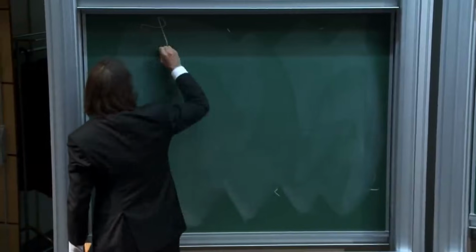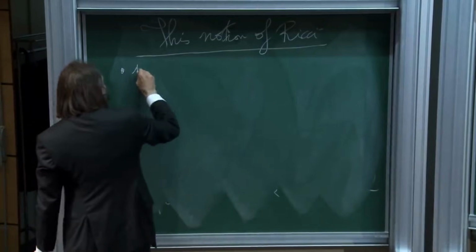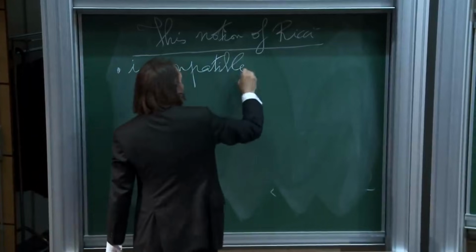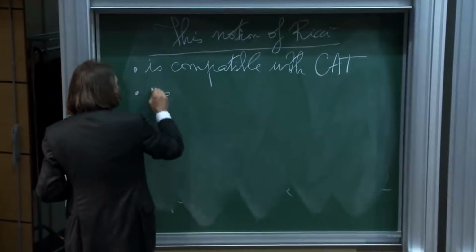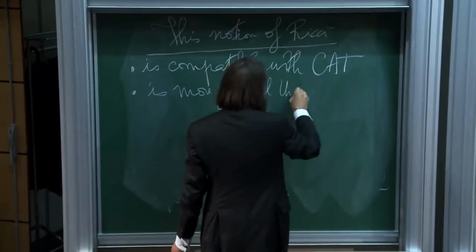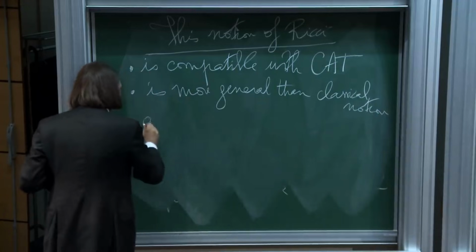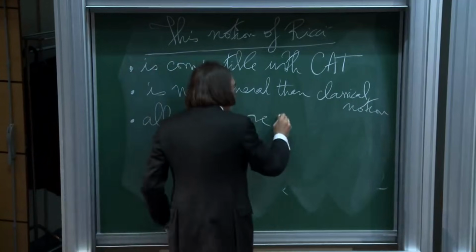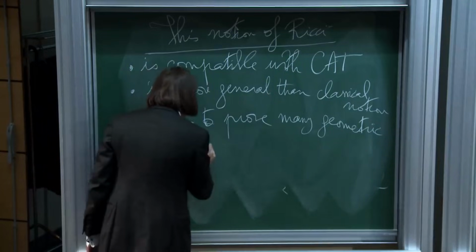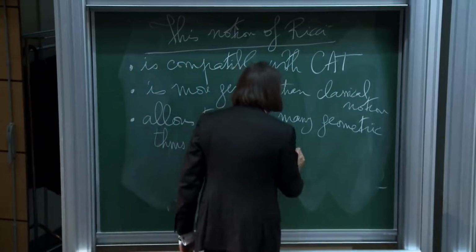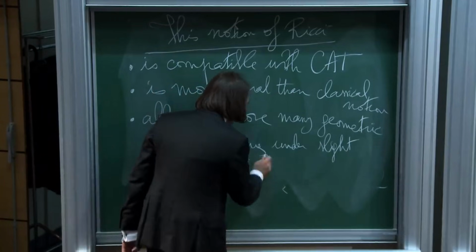It took a bunch of people to show that this notion of Ricci is first compatible with the Cartan-Alexandrov-Toponogov theory, is more general than the classical one, allows one to prove many geometric theorems, sometimes under slight reinforcements of the structure condition.